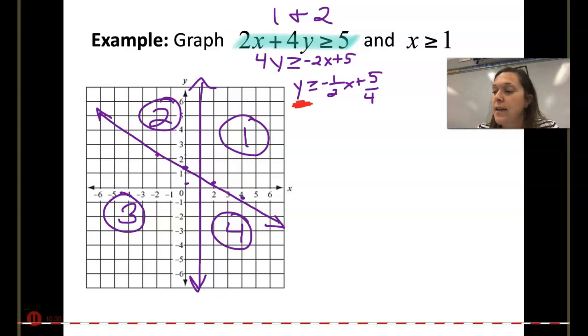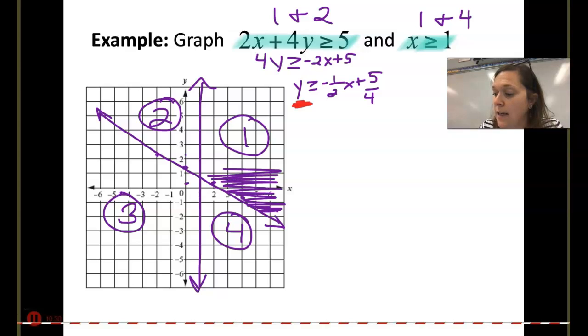And for our second inequality, which areas are to the right of that vertical line? Well, area 1 and area 4. Because I'm looking for the intersection of the 2 of them, what do they both have in common? Well, they both have area 1 in common. So my solution to the intersection is the whole shaded area 1.